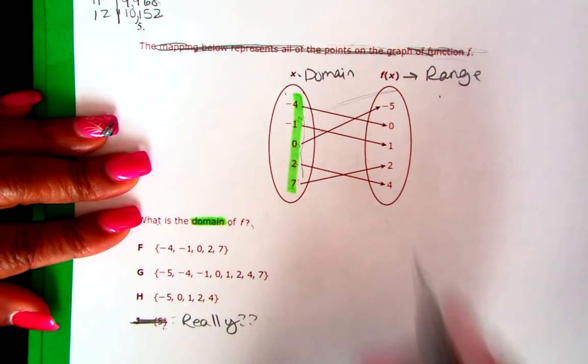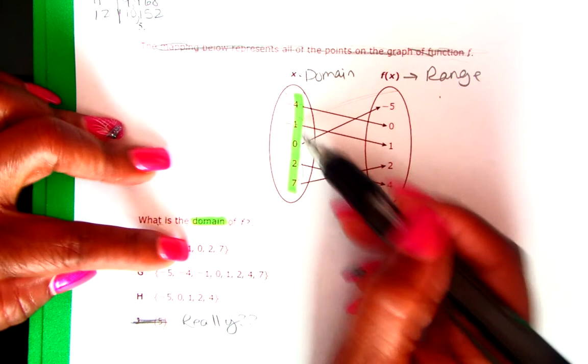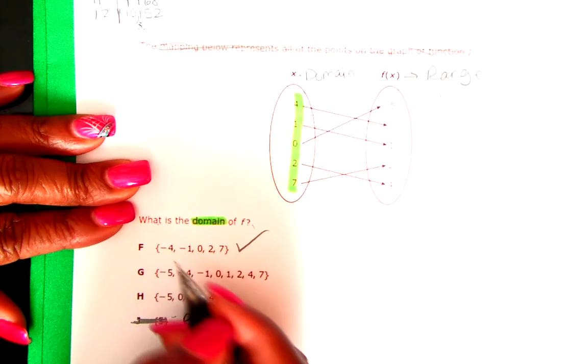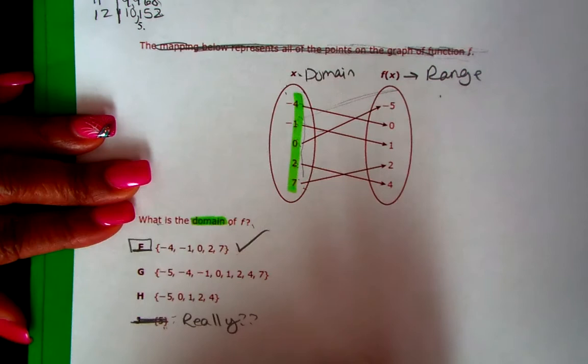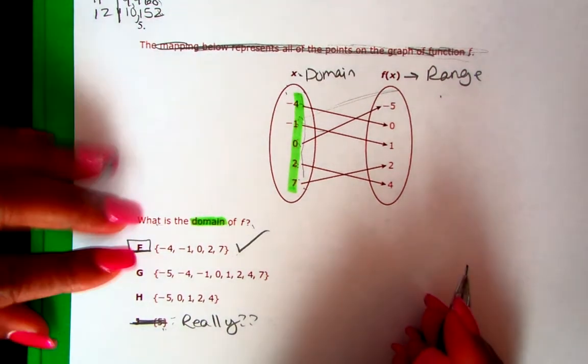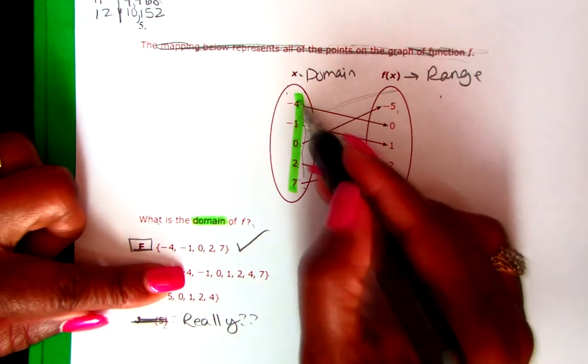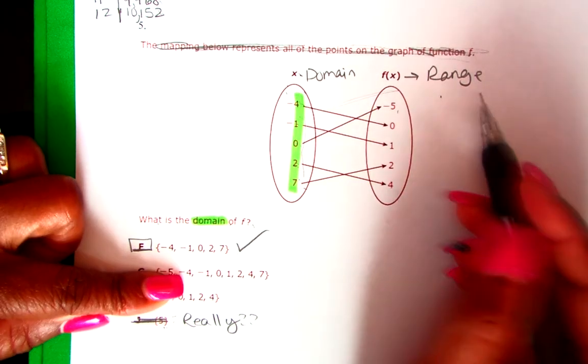Okay. So here we go. The name of the function. So we got here -4, -1, 0, 2, 7. This right here, it checks out. I know my answer is F. Okay? But I'm going to go through and see how they did the other answers. Okay? So now I got here -5, -4, wait, -1.